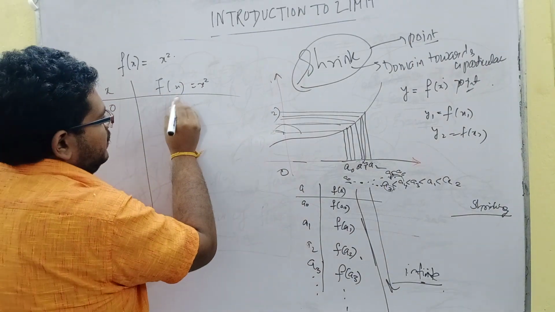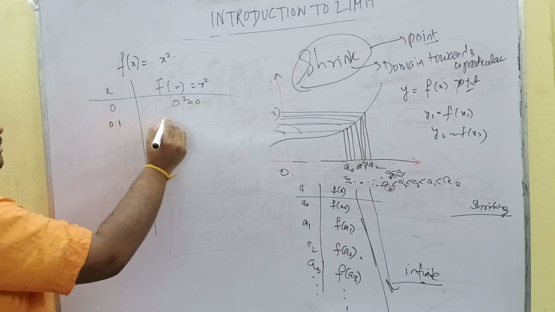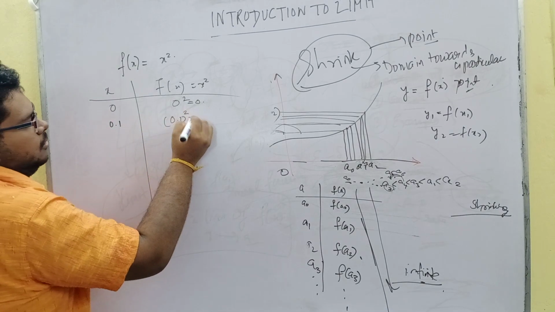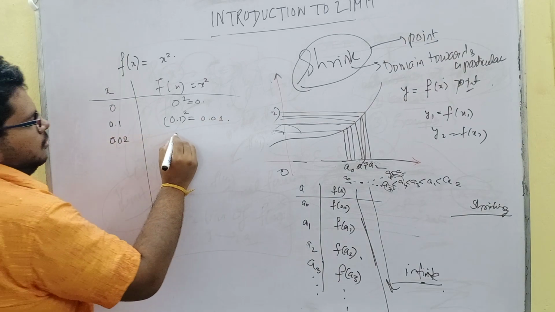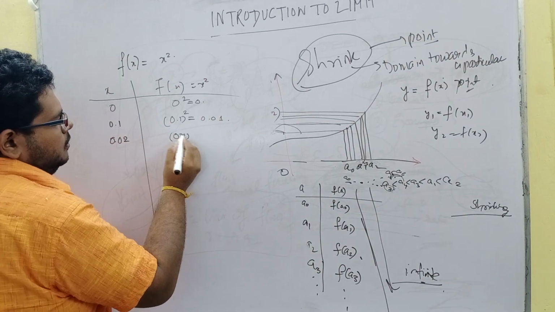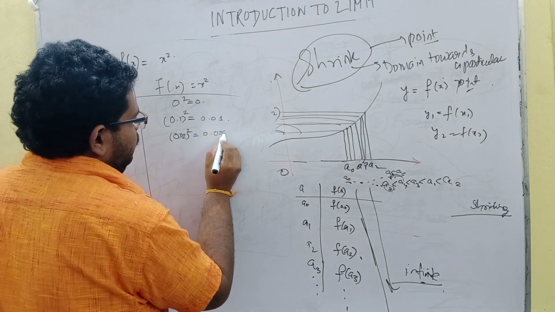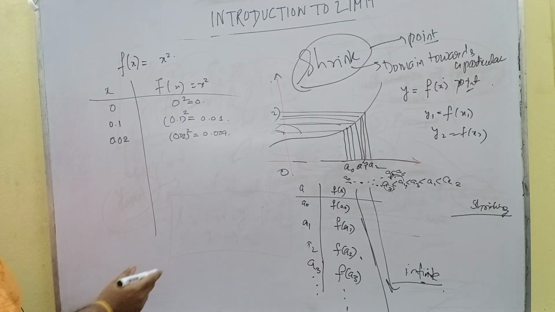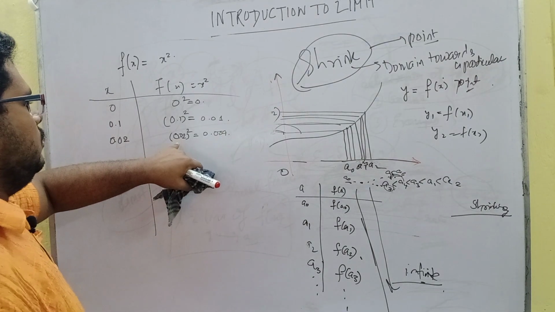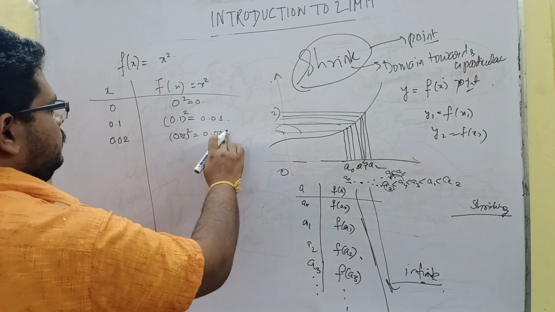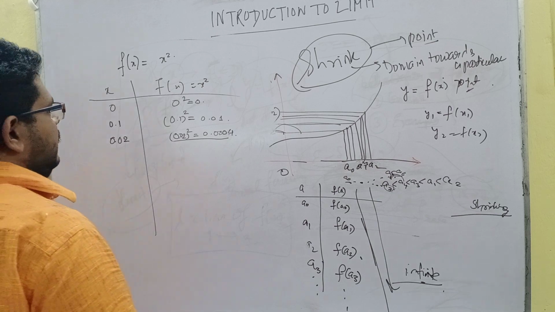So where is f of x going? It is going to 0 square, so this is 0. If x is 0.1, then where is it going? 0.1 whole square, that is 0.01. Suppose it is going to 0.02. Then where is it going? It is going to 0.004. So this is the place where the function is going.